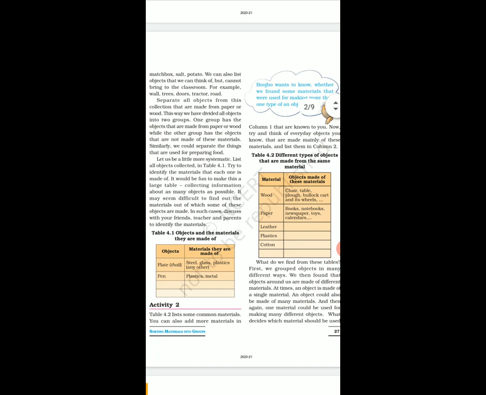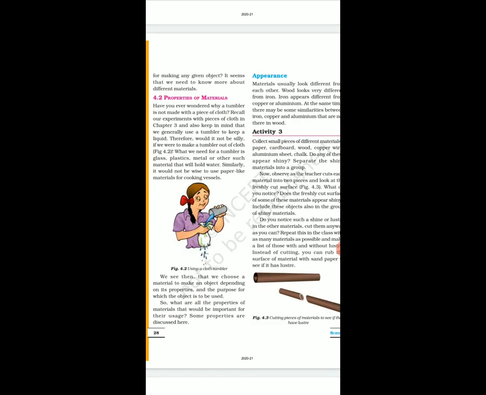What decides which material should be used for making any given object? It seems that we need to know more about different materials. Materials are made up of many different things.